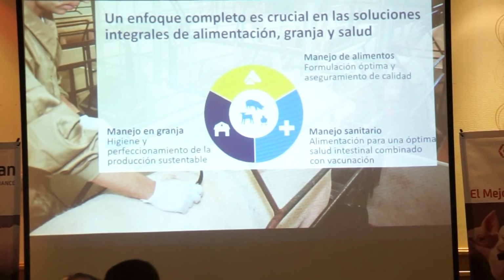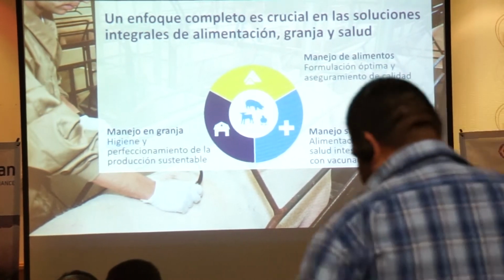If you have a bad feed quality, the health management on the farm will be more difficult because you have more digestive problems. If you have bad farm management, you can have a very good, very expensive and very well-designed feed, but at the end, again, you will have digestive problems. That is why we like to work with feed, farm and health management.